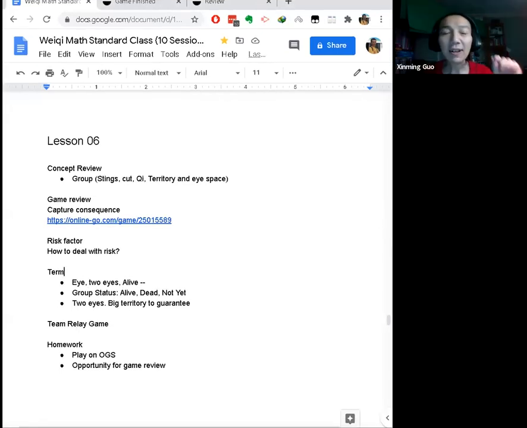Okay, so last time we learned about the group. Today we will try to use that knowledge to help us understand the group. A group is usually made of strings, and there are cutting points, qi, territory, and space.